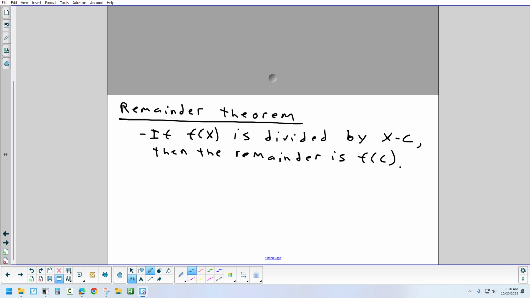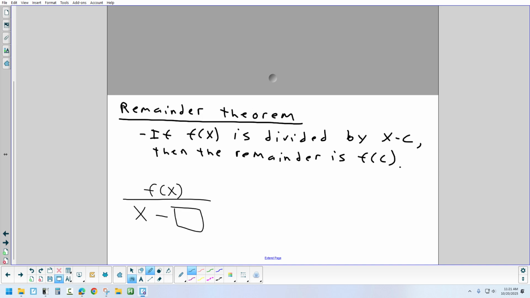So the first thing to understand is, when does the remainder theorem work? It doesn't work all of the time. It only works if your denominator looks like this. You have to be dividing by x minus a number. If you're dividing by x minus a number, you're going to have something in the top.